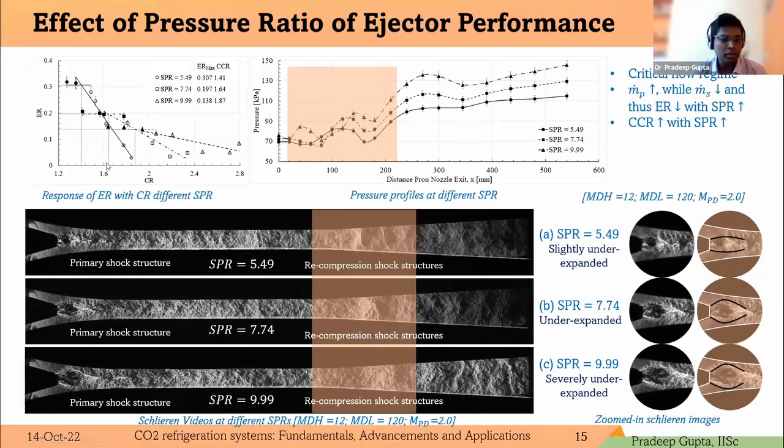If the compression ratio goes beyond, the ejector starts operating in off-design condition. Similarly for different SPR or NSPR, here meaning the ratio of the primary flow stagnation pressure to the secondary flow stagnation pressure, we need to consider this envelope while designing the ejector. So we have to operate the ejector below this critical pressure to ensure the on-design condition of the ejector.